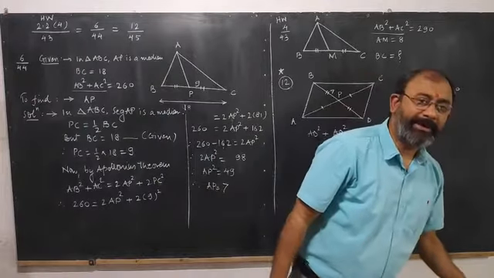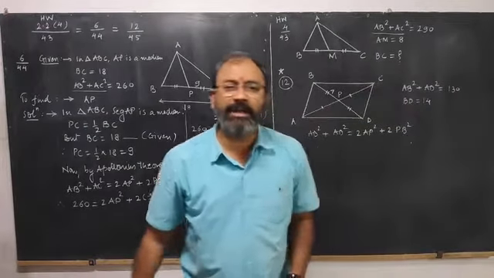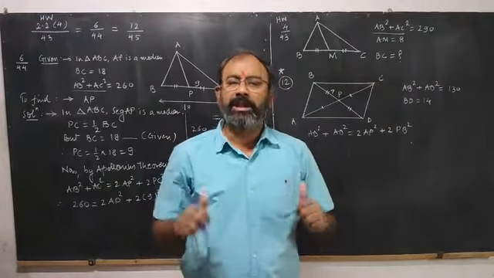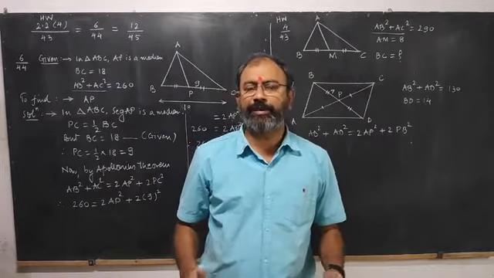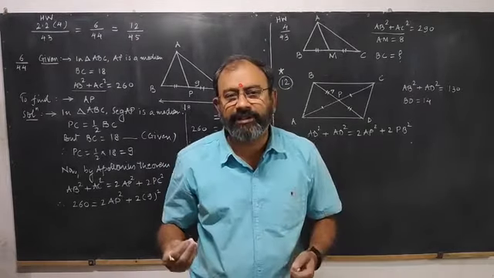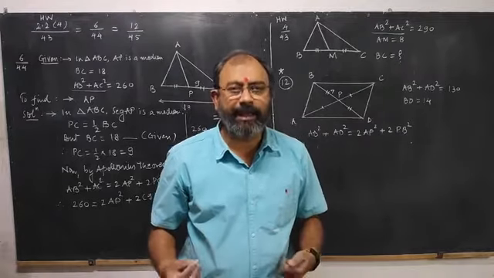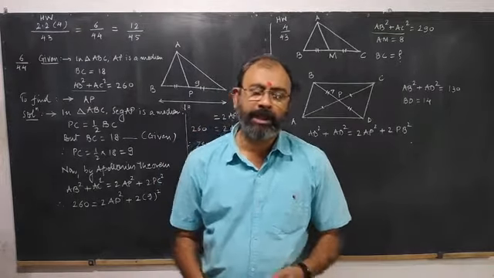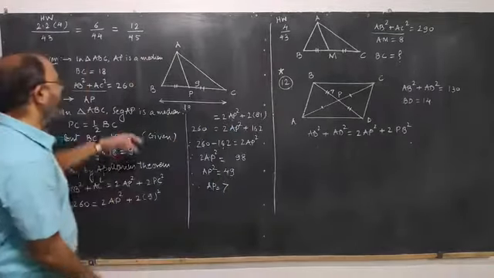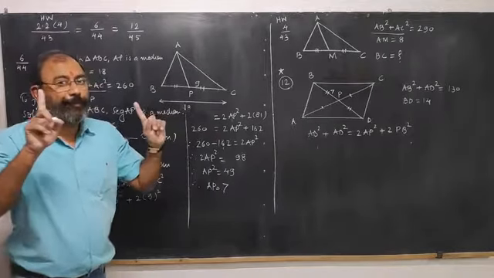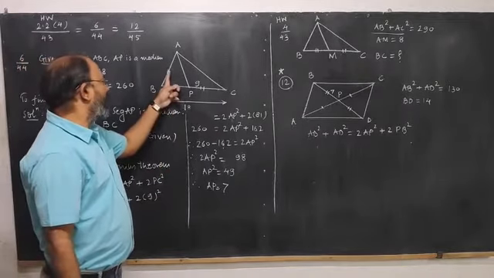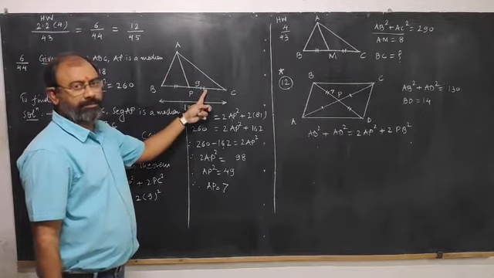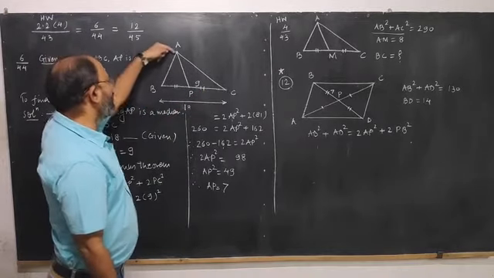Now again I am reminding, if you are given a median, the immediate reaction of the brain, the reflex action, should be: can I apply Apollonius theorem? What Apollonius theorem says is that it gives you the relation between four lengths. What is the relation?